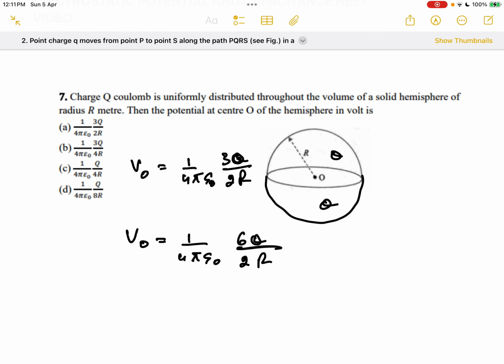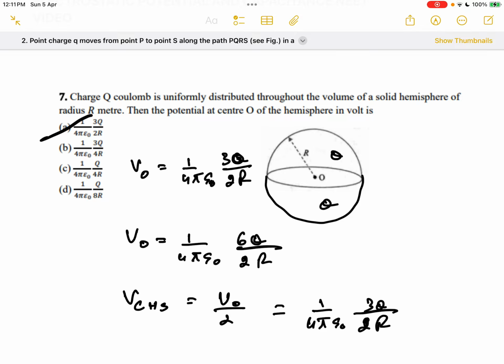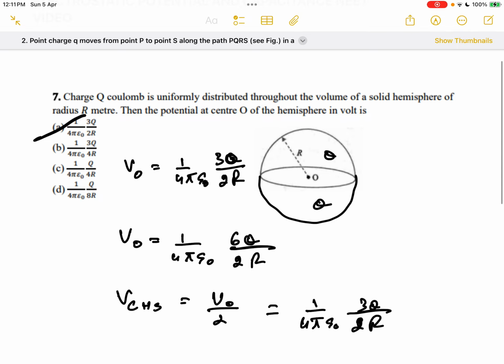But we are only talking about one hemispherical surface. So the potential at the center of the hemisphere would be equal to half of the potential of the complete sphere. When you divide it by 2, you will again get 1 by 4 pi epsilon naught 3q divided by 2r, which is going to be option A. So option A is the correct answer.